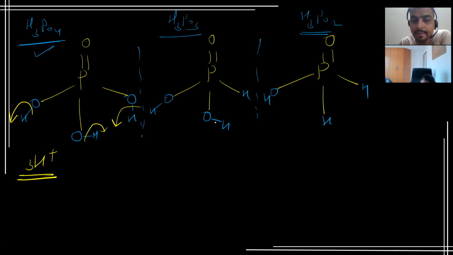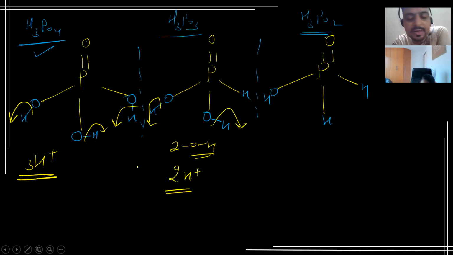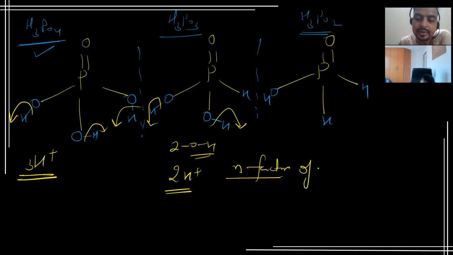In orthophosphorus acid, we have only 2 OH bonds, so 2 hydrogens will be furnished in the solution. Therefore the number of H ions furnished in the solution is the basicity or N factor of the acid.